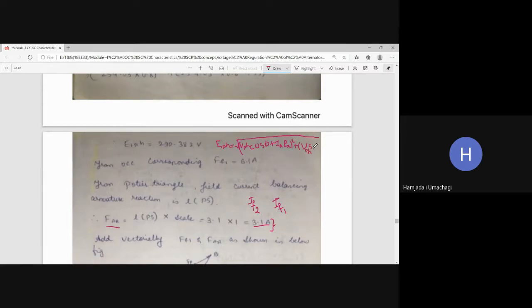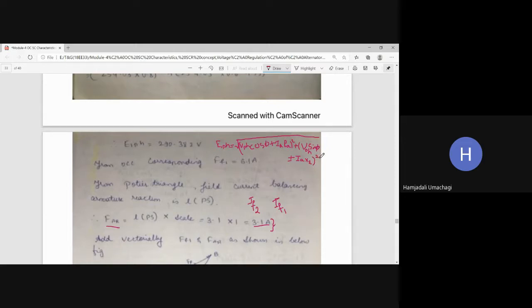Next, what will appear? V phase sin phi plus or minus. Can anybody say? IA into XL, sir. XL value. IA into XL value. This IA into XL you have now got from the Potier triangle.